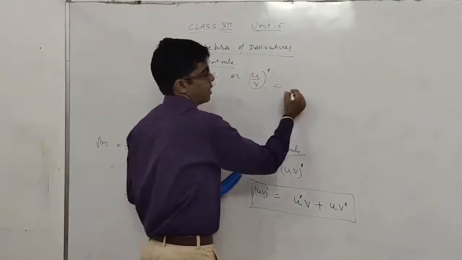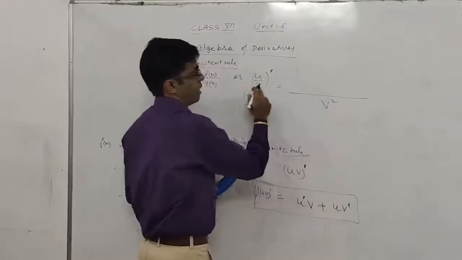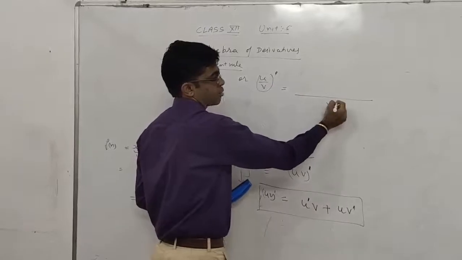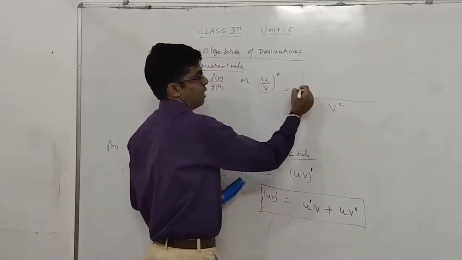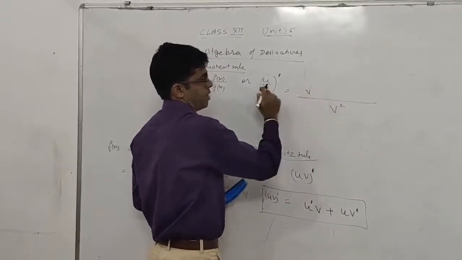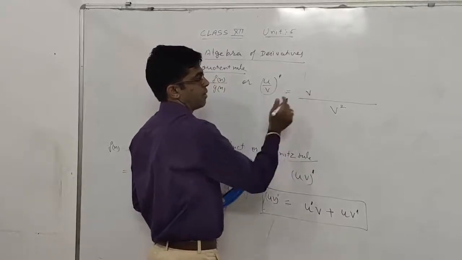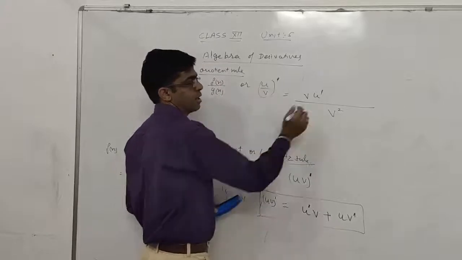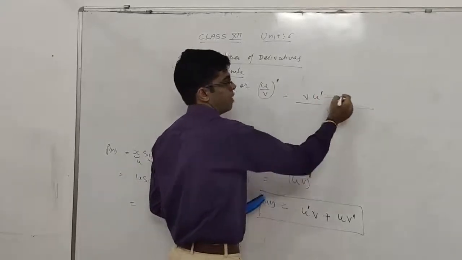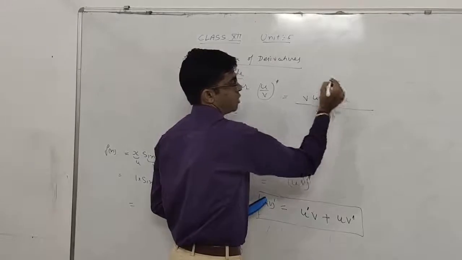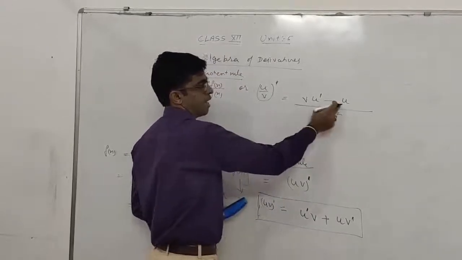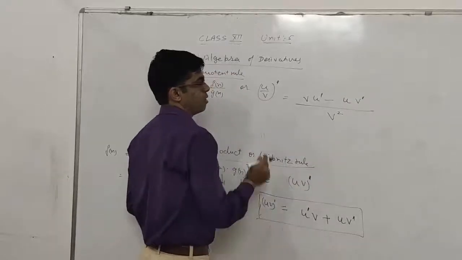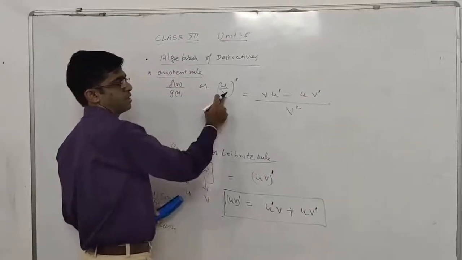So the method is the denominator function whatever is coming we will square, and then as it is v means denominator function will come and we will differentiate the numerator function. Then minus sign will come and then u function as it is will come and then we will write the differentiation of the function which is in the denominator.